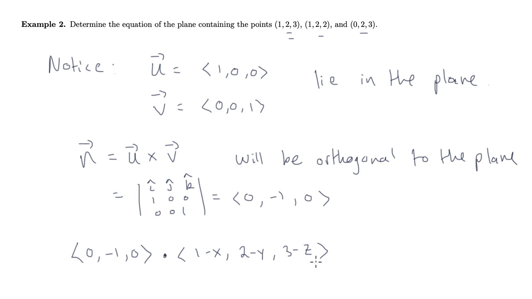Okay, and what do we get? We want this to be 0. So if we actually do this product here, we get 0 plus (-2 minus y) plus 0 is equal to 0. But then this is just the plane y is equal to 2.